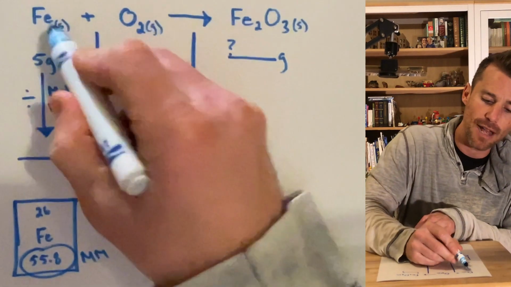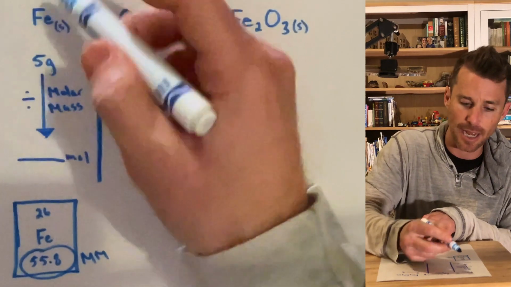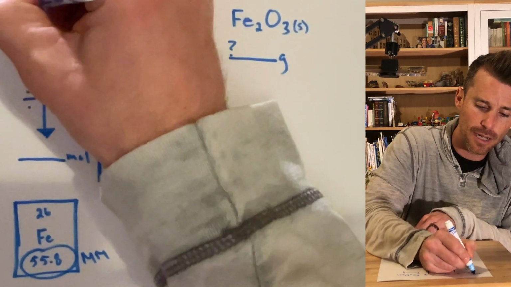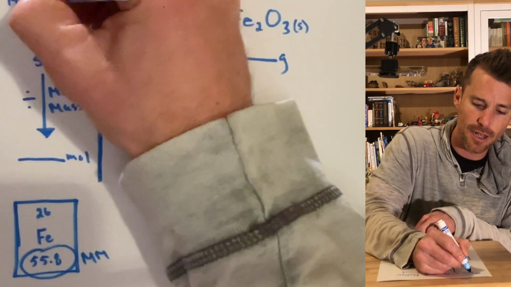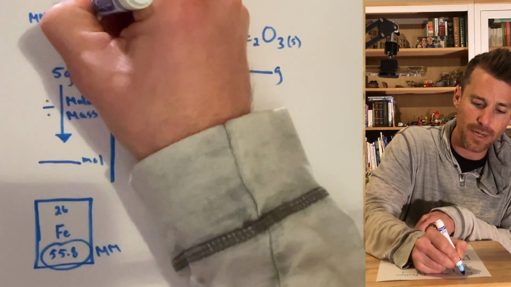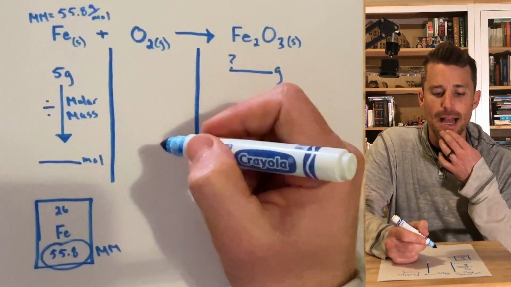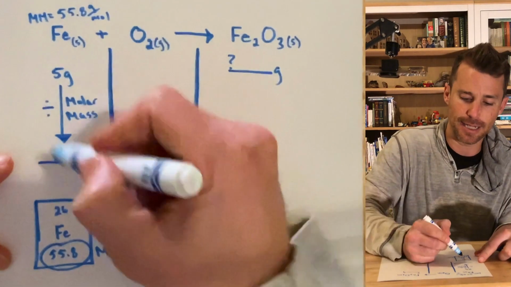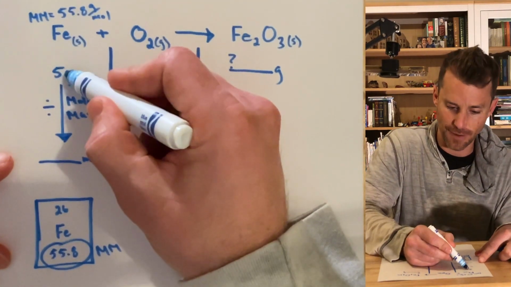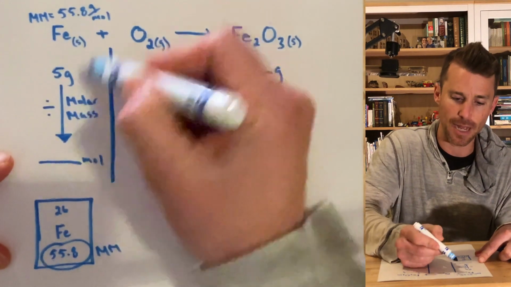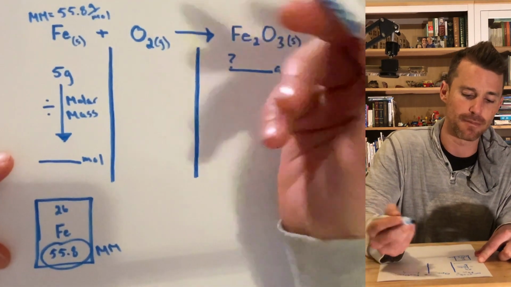Above whatever thing I'm working with, in this case iron, I write 55.8 grams per mole. And so to get to moles, I would take 5 grams and divide by this molar mass of 55.8.